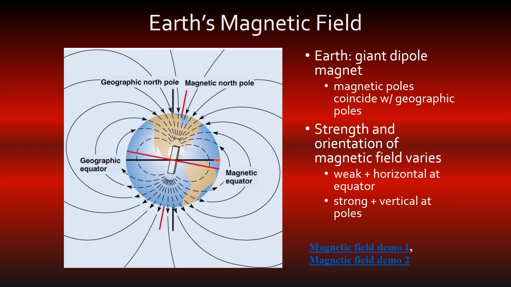So the magnetic field is stronger at the north and the south, and much weaker as these lines move out this way along the equator, right? So that's why minerals preferentially, or any magnetic material, metals, they preferentially line up with those magnetic poles.